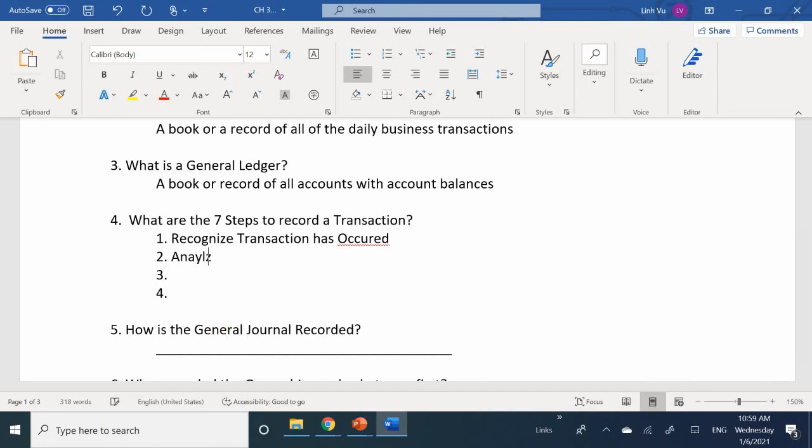Determine how the transaction affects the business. Good. Determine the accounts. Good. Analyze and sort.